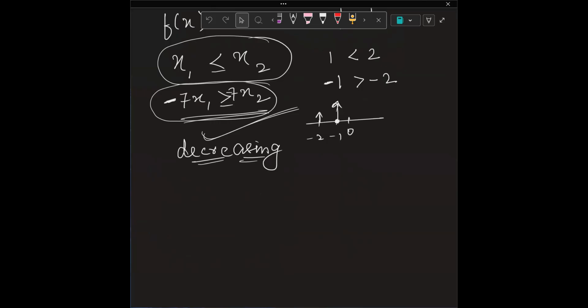Okay, so let's start. Okay, so if your derivative is positive, right? If your derivative is positive, then that means your function is increasing on whatever your domain is given to you.